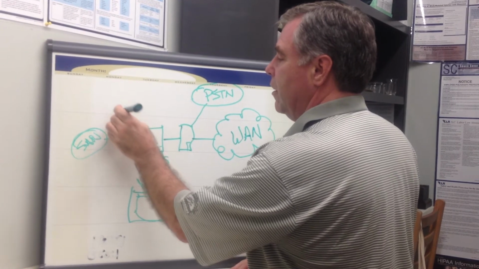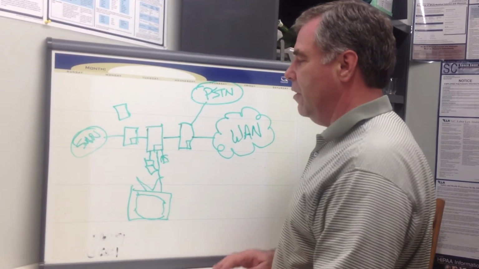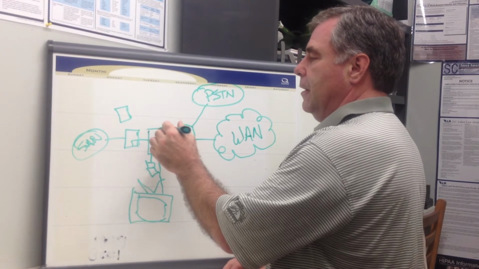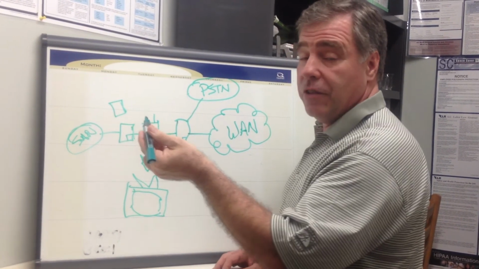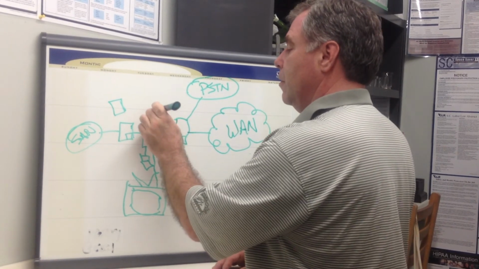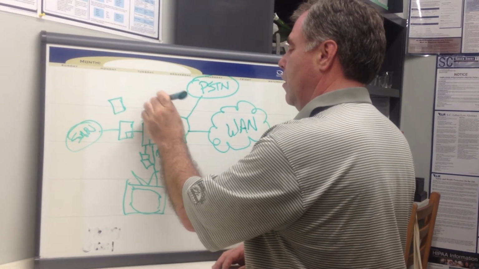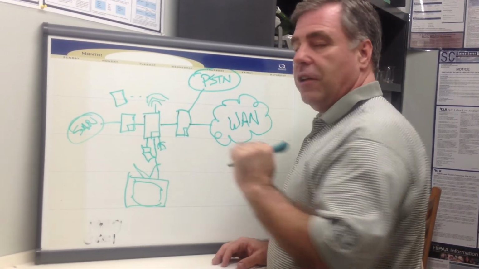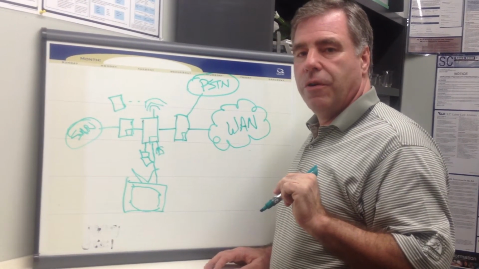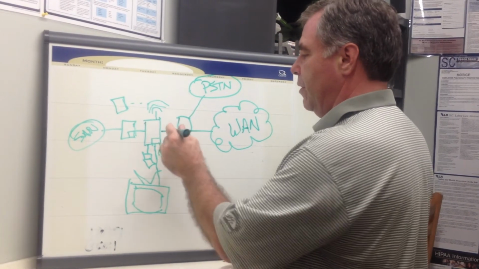We have tablets out here and smartphones that want access to this nice network. We'll give them that access via something called access points that Cisco has. But once they've got access, we want to make sure that it's secure. And how do we do that?